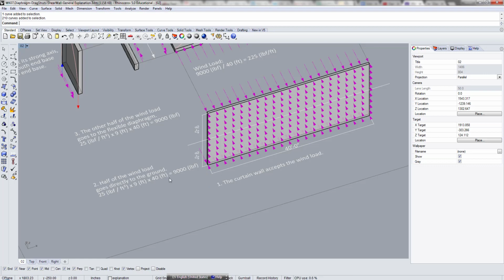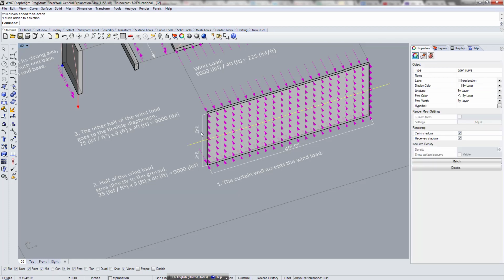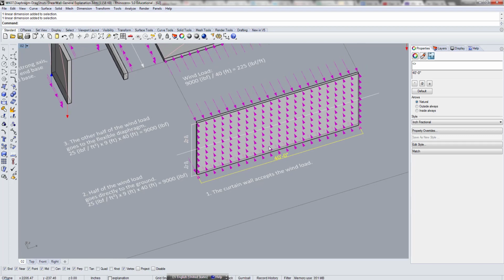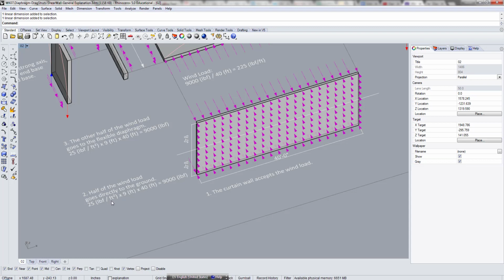Don't worry too much about the calculation, but we need something. So 9 feet plus 9 feet, an 18 feet tall wall, 40 feet wide. Half of that will go to the ground. So that's 25 pounds force per square foot, and the area of that portion of the wall is 9 times 40. Whatever the calculation is, that's the total amount of force that's going into the ground.